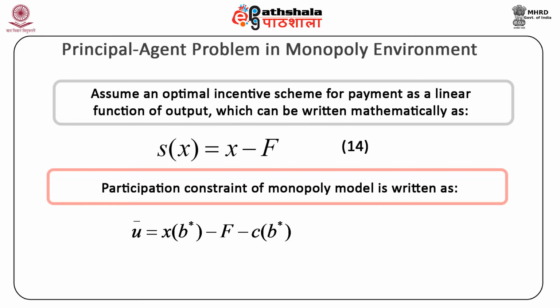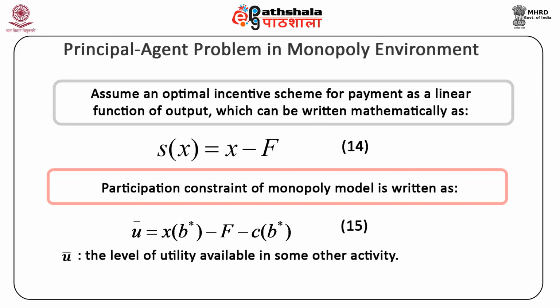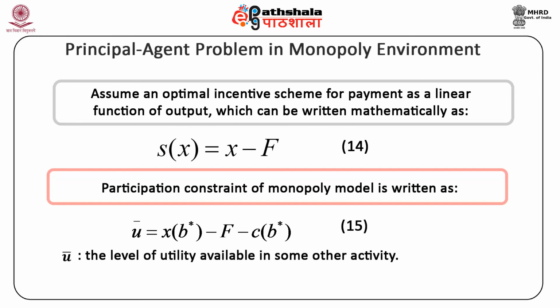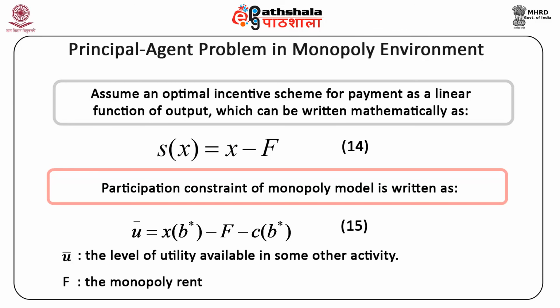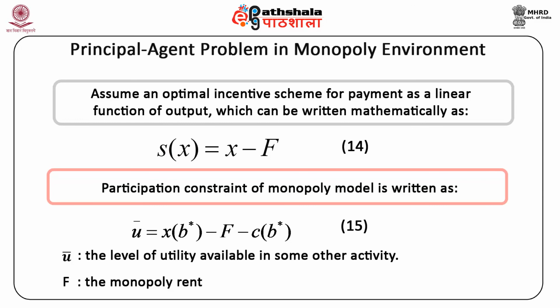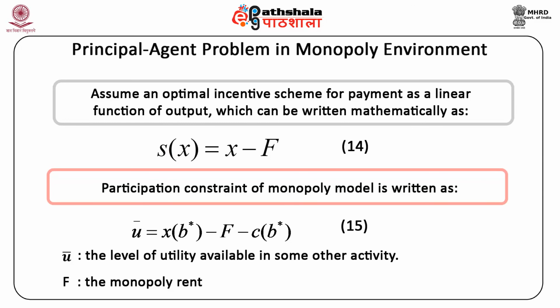This is equation 15, where U bar stands for the level of utility available in some other activity and capital F is the monopoly rent. In equation 15, U bar is exogenous to the model and capital F is determined from this participation constraint.